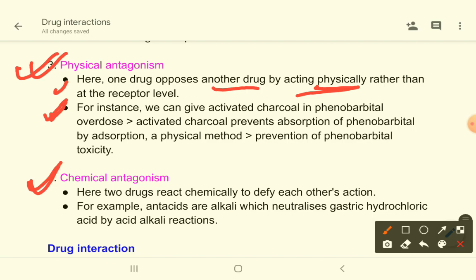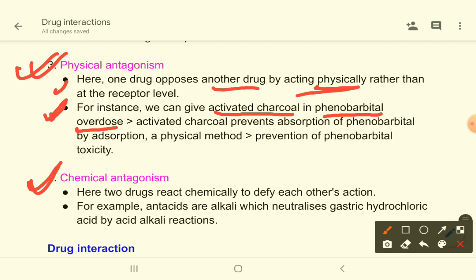Activated charcoal is an activated carbon substance. In phenobarbital overdose, if a person has taken a high dose of phenobarbital orally, say 20 or 30 tablets, and you know that he has taken that, and he has come to the hospital immediately, or his relatives have taken him to the hospital immediately, then what will you do?